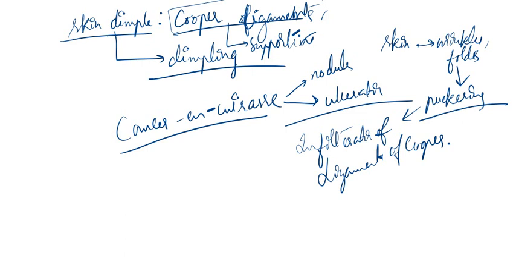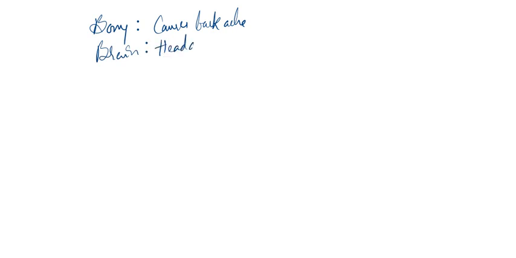Okay, now we will discuss some of the signs and symptoms of metastasis. For example, bony metastasis causes backache. If there is a brain metastasis, obviously the patient complains of headache. If the metastasis has occurred to the liver, you can see the sign of jaundice in the patient.